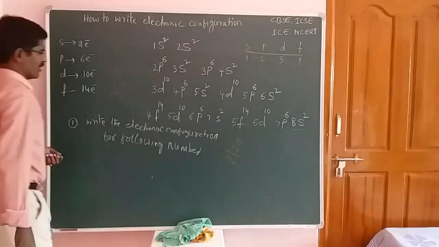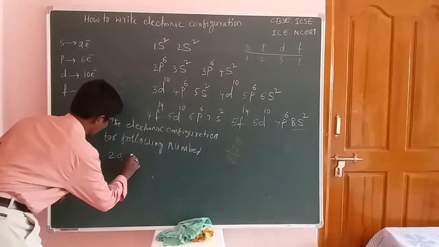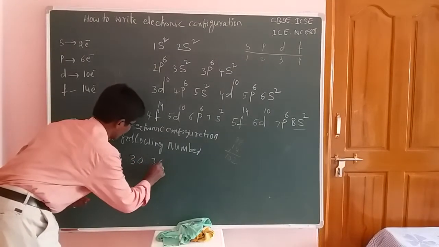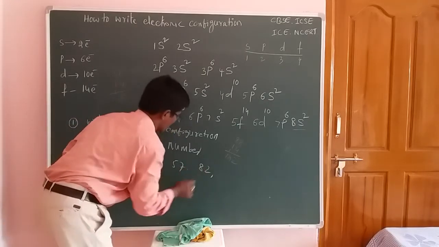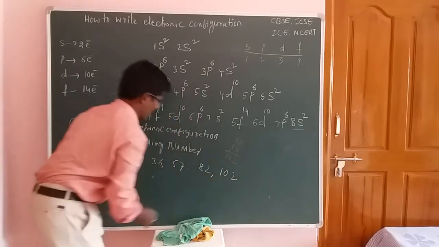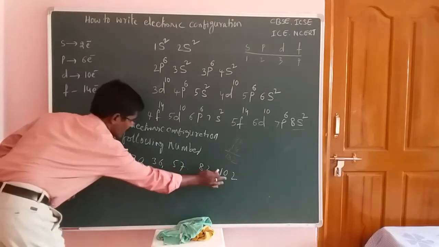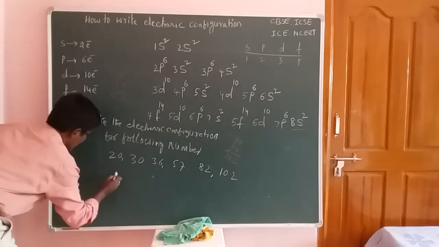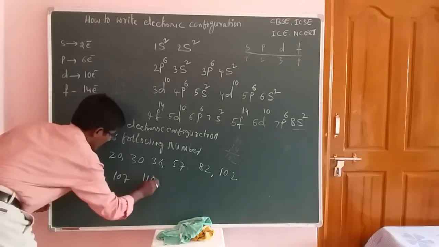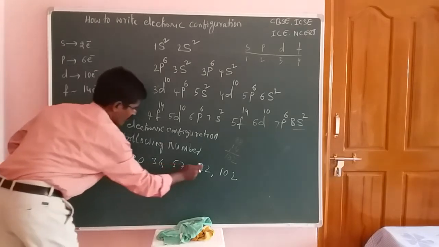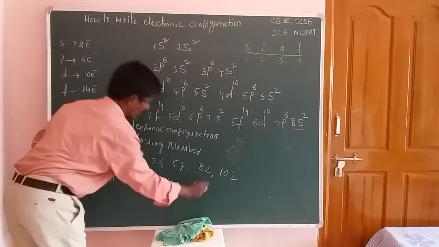First number 20, and 30, 36, 57, 82, 102, next one 107, 110, 112, and the last one 118, students.